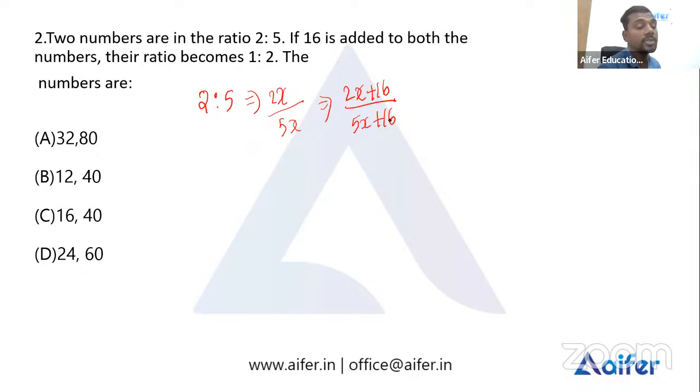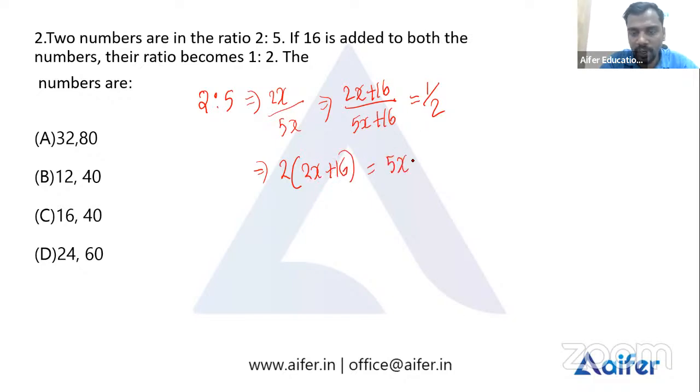The ratio becomes 1:2. Now we'll be cross multiplying. So we have 2 into 2x plus 16 is equal to 1 into 5x plus 16.